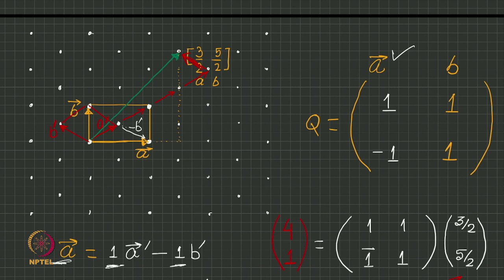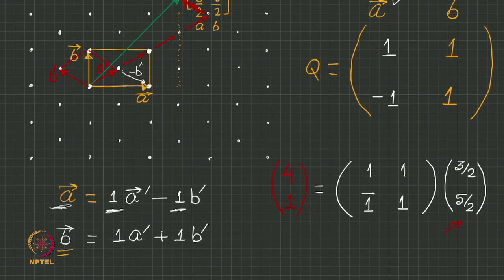Just look at the 3 old basis vectors, catch them, and one by one express them in the new coordinate system, force them to accept the new religion. When they accept that, they change their name. So, 3 by 2, 5 by 2 becomes 4 1.